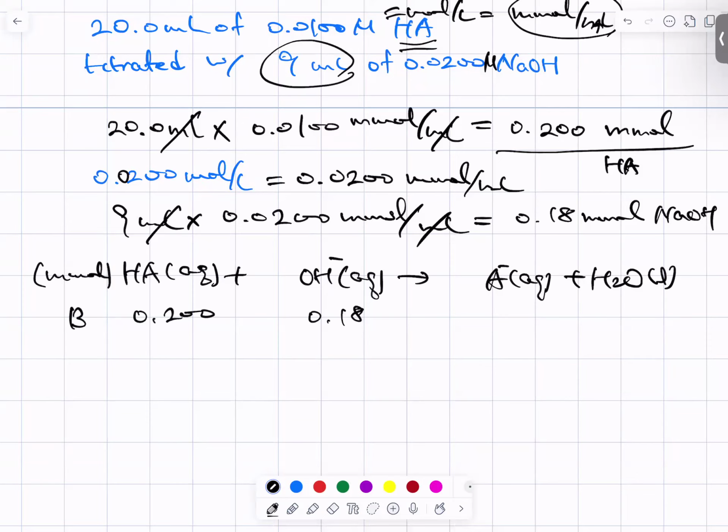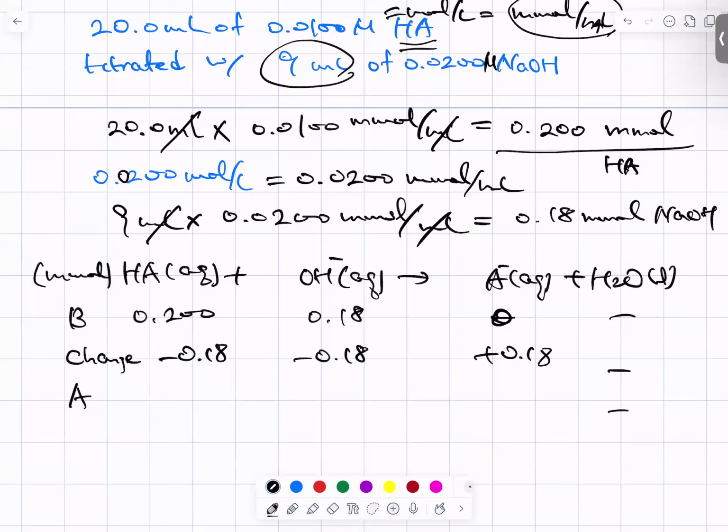Okay, and then we had zero amount of conjugate base, and then the liquid water is formed, but water is solvent, so we do not write the amount of water. Change, and after the reaction. So then 0.18, this is strong base, 0.18 millimoles, this is completely consumed, and 0.18 is generated.